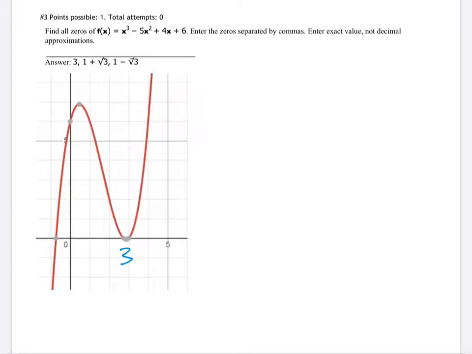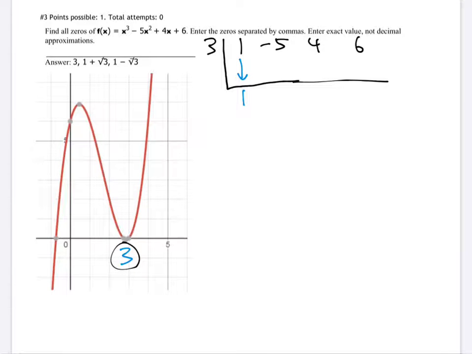So using synthetic division with the 3, we see the answer 3 right here. And so it's going to be 1, minus 5, 4, and 6. And then we bring down the 1, and we multiply and put it right there. 3, add them up, minus 2, and swing it around again.